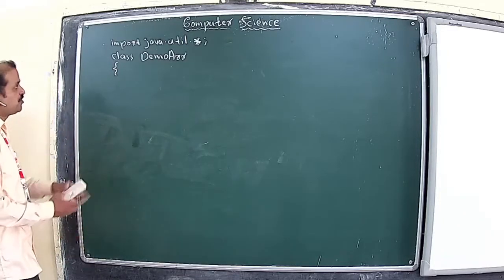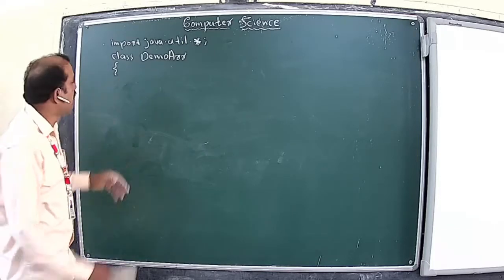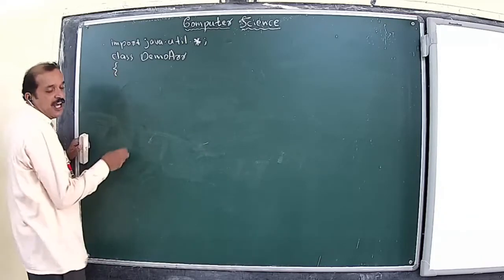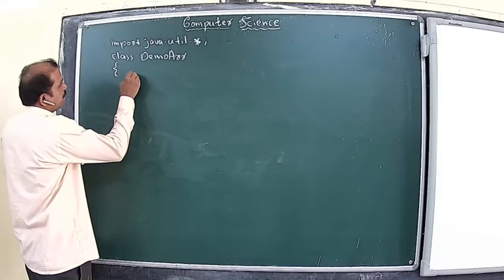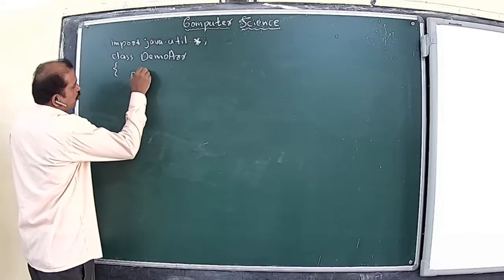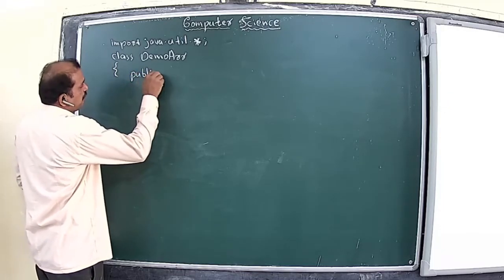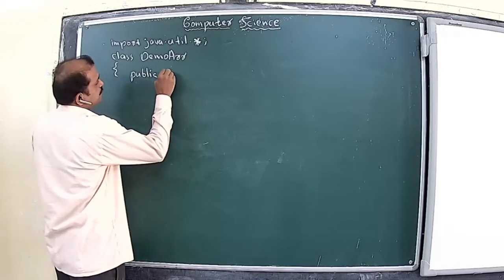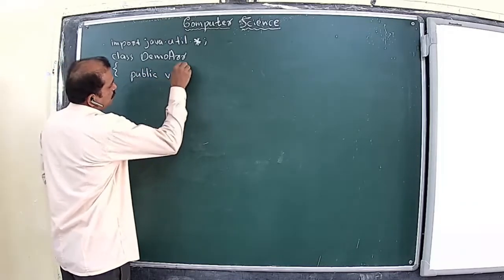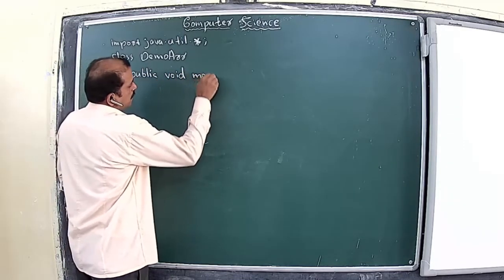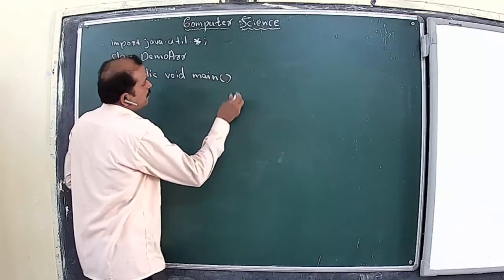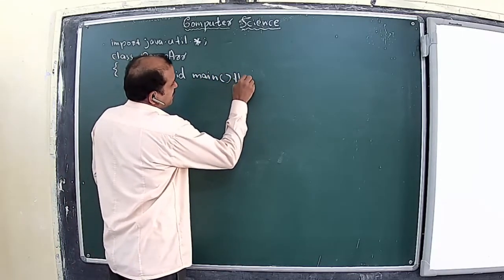But in actual cases, it is even possible to declare a scanner class object at the class level. But as part of this program, we will be creating it inside the function itself. Definitely a throws exception clause can be used.